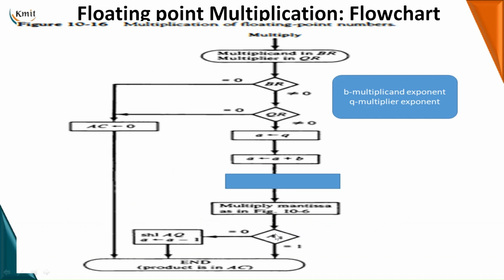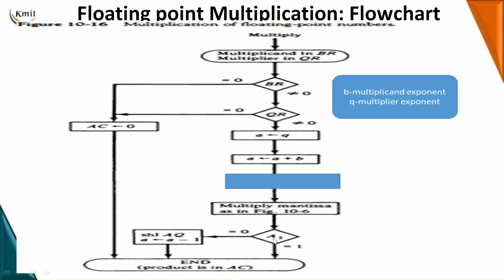By looking at the product stored in the AQ registers, we are going to perform the next step, which is called normalization, where you normalize your product. You check if the product is in a normalized form. If it is, then you simply end the process.